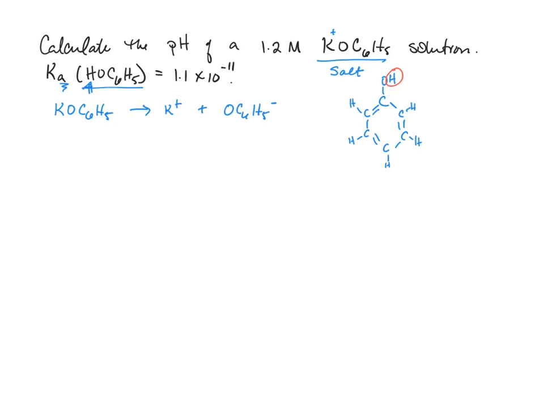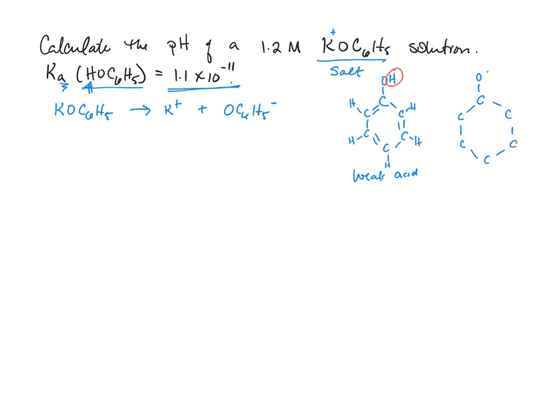So here is a weak acid. Look at how weak it is. It is super weak because it has a Ka value of 10 to the minus 11. Now, whenever you have a really, really weak acid, its conjugate base will be correspondingly stronger. The weaker the acid, the stronger its conjugate base.